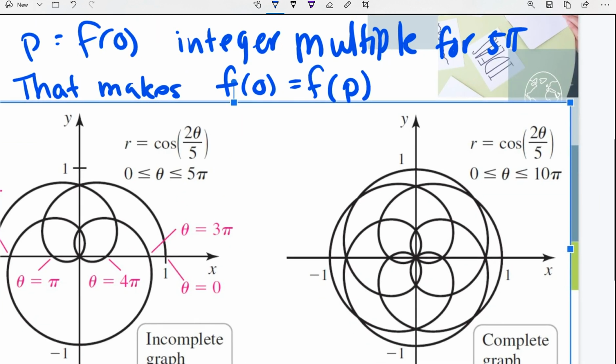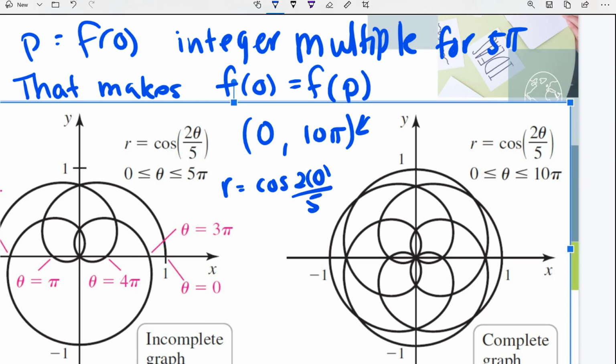Okay, so we need 0 to 10 pi because 10 is the closest multiple. If we look at r is equal to cosine of 2 times 0 over 5, and that gets us 1.